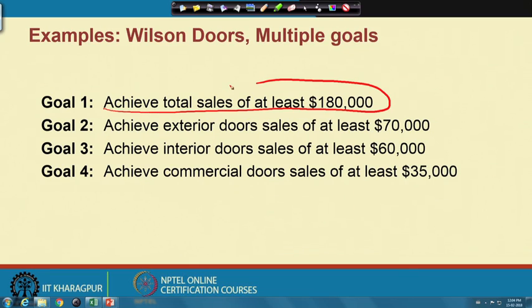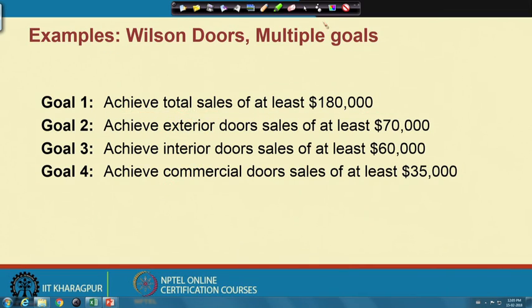All these are actually with respect to decision variables only, that means strictly towards the objective function. Because the objective function is x 1, x 2 and x 3, that is with respect to exterior x 1, interior x 2 and commercial x 3, and in total it is called total sales, that means x 1 plus x 2 plus x 3. So, this is how 4 goals are there simultaneously corresponding to our original problem.